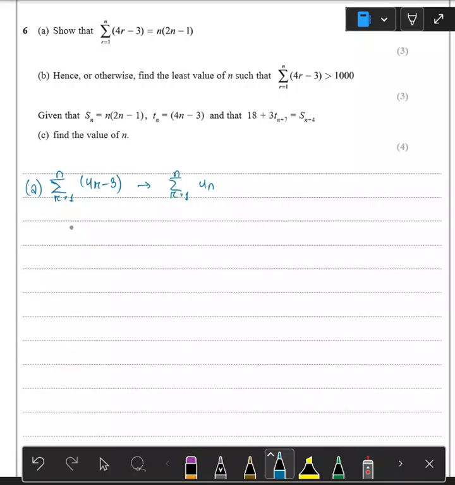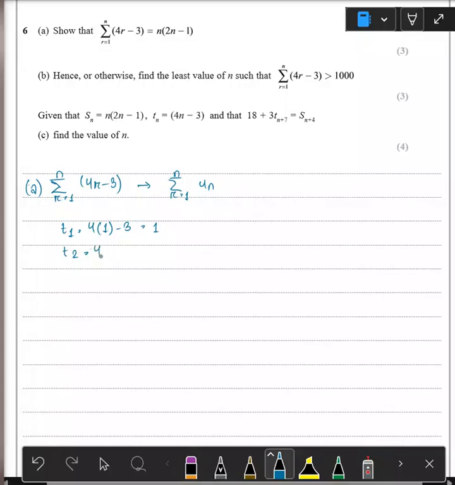For example, T1 is given to be 4 bracket 1 minus 3. The first term is just 1, since 4 minus 3 is 1. Now T2 is 4 multiplied by 2 minus 3, so this is 8 minus 3, which is 5.